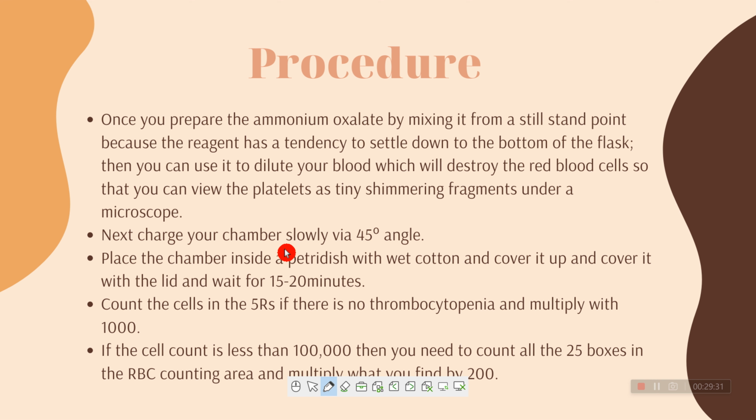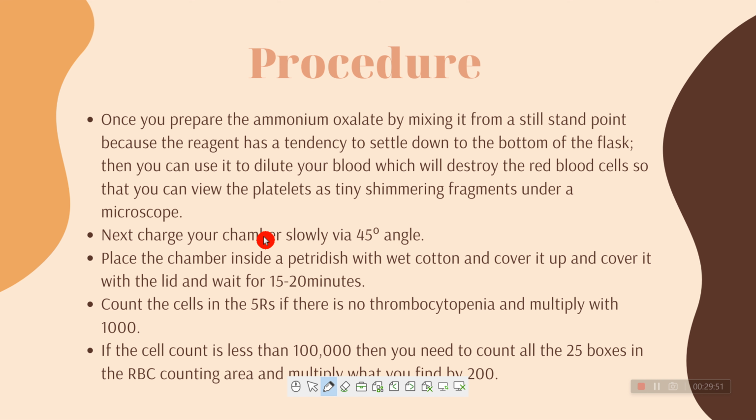Then we will mix the blood sample with the diluting fluid and leave it for 2 to 3 minutes. Then we will charge the Neubauer's chamber using this diluted fluid and leave the chamber so that the platelets can settle in it.